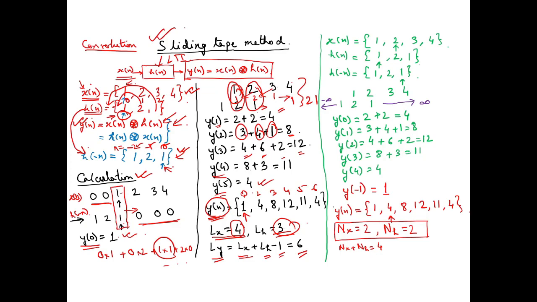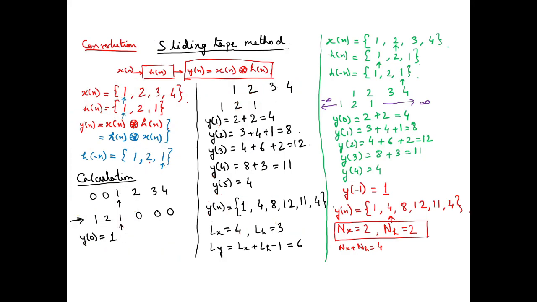Now herein, in both x of n and h of n, the first numbers were the origin values. We are having origins at the first instance. Suppose I take the origin to the second instance, so n equals minus 1, 0, 1, 2.